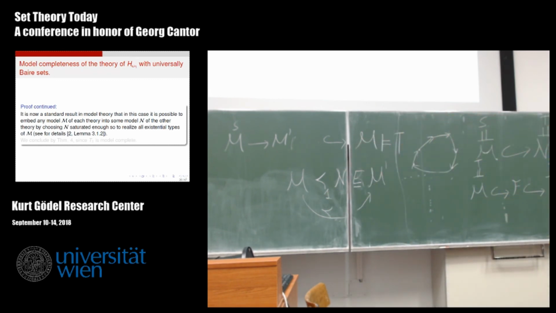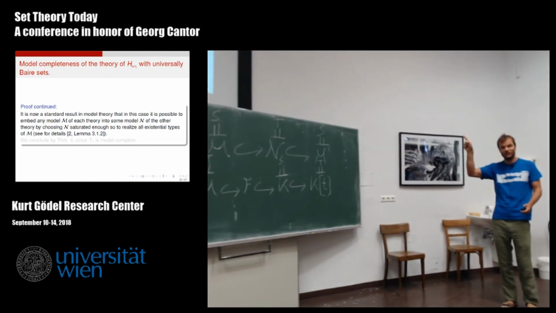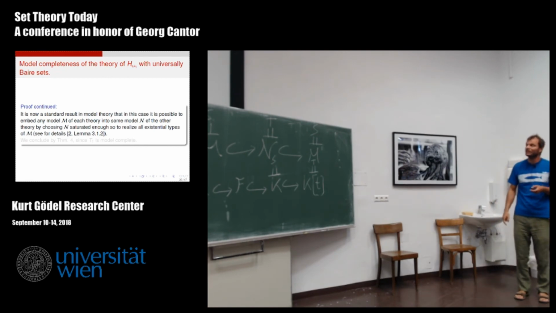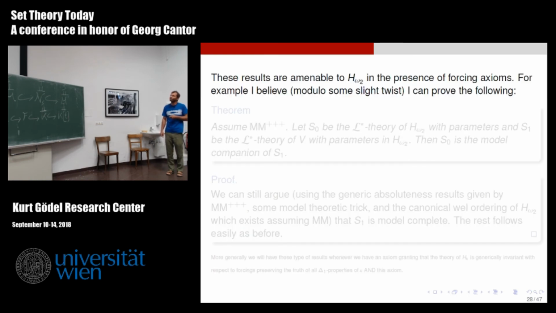So this means the condition that you can take a model of T0 and embed it into a model of T1, and take a model of T1 and embed it into a model of T0, you can do it. And if you don't want to use this strange model of set theory which you obtain by forcing, then you just add the universally Baire predicates which belong to L(R), or even just the projective predicates, and you can run the same proof and end up with model completeness.